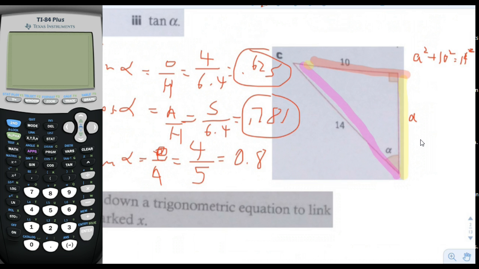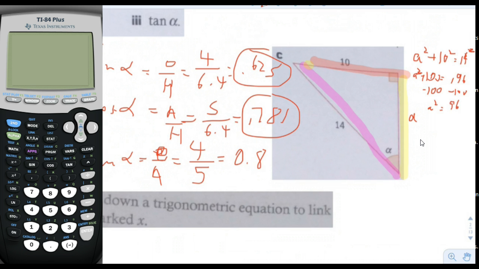And then we'll just use algebra to figure out what a squared is. 14 squared is 196, and 10 squared, of course, is 100. And a squared is just a squared because we don't know what it is. Then we subtract 100 from both sides, and we get that a squared is equal to 96.